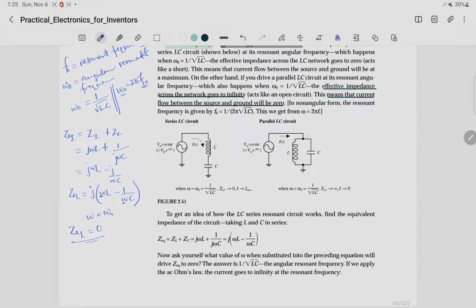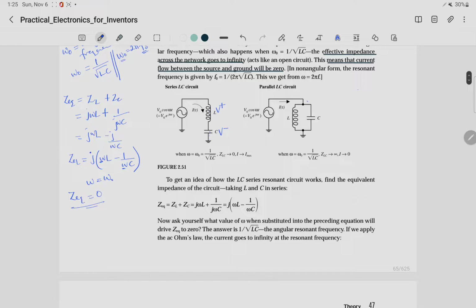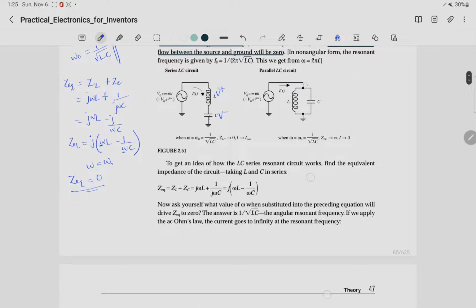So the voltage drop across the inductor will be V plus, and the voltage drop across the capacitor will be V minus, since they are opposite in phase. When you add up these voltage drops, V plus and V minus, it will give you 0.